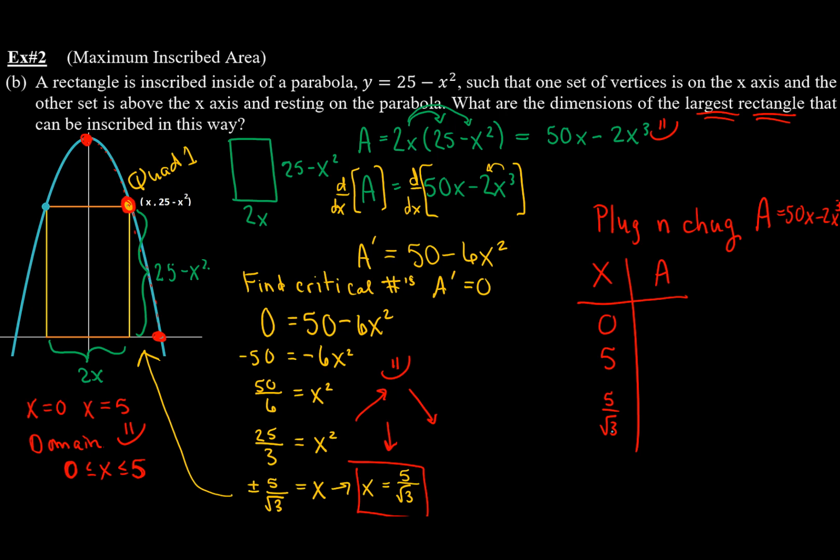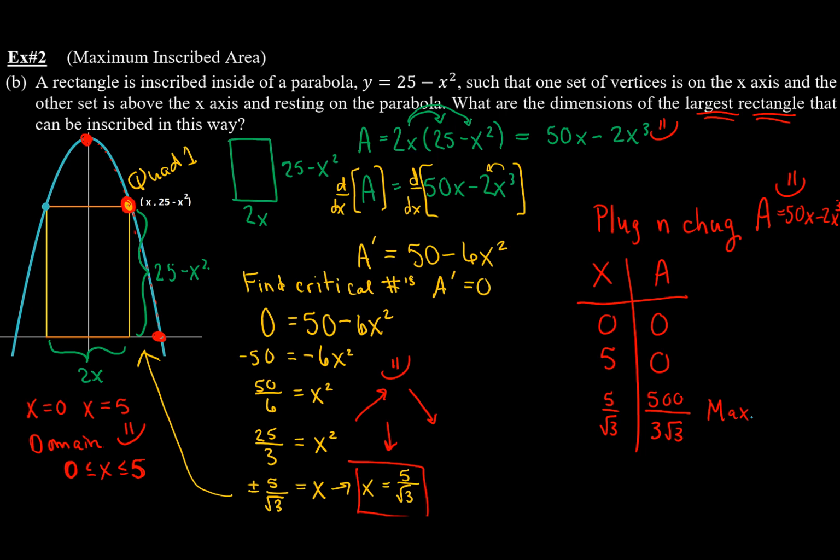When I plug 0 in, I get 0 for A. When I plug 5 in, I also end up with 0. If I plug in 5 divided by the square root of 3, I'm going to end up with 500 divided by 3 square roots of 3. And remember, I'm just plugging it into this area formula here. Well, this is definitely my maximum value.